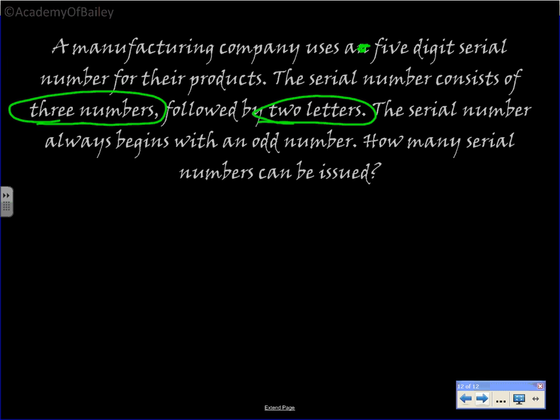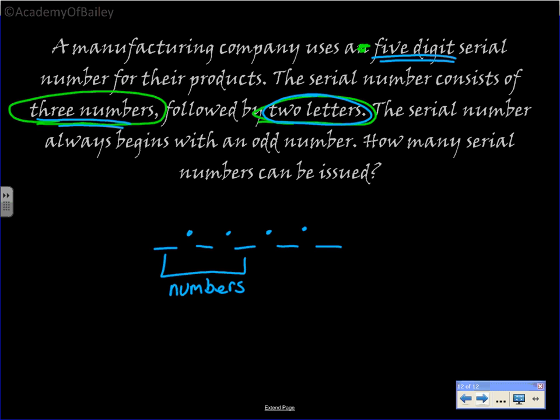How many serial numbers can be issued? So we know that it's 5 digits. 1, 2, 3, 4, 5. The first 3 are numbers. And the last 2 are letters.